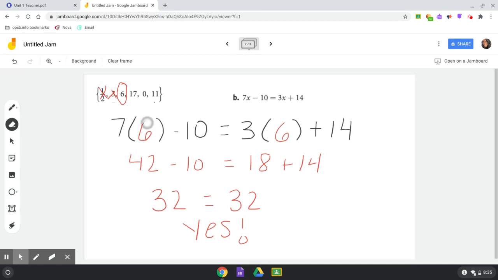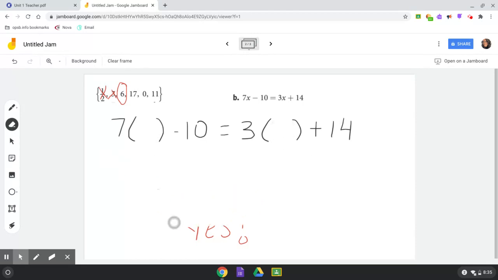Okay, so let's erase 6 and see if any of these other values are a solution. All right, now we're at 17.